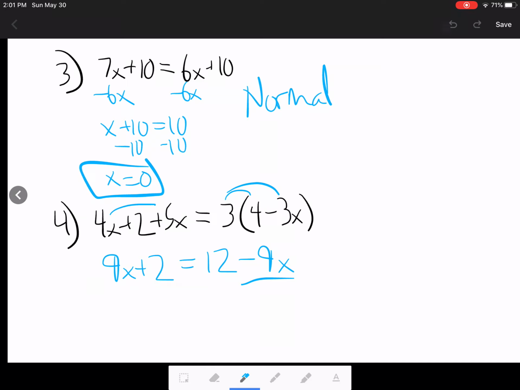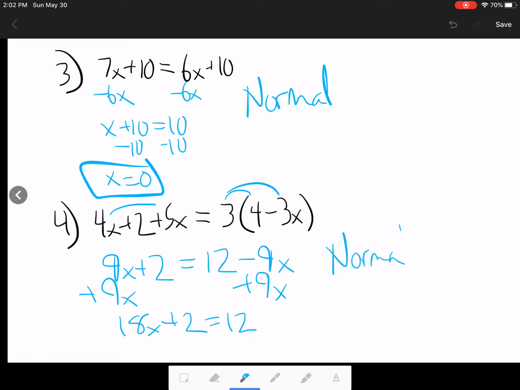But that is not the case. Add 9x to both sides, and we get 18x plus 2 equals 12. In other words, this is a totally normal problem that's going to have one solution.